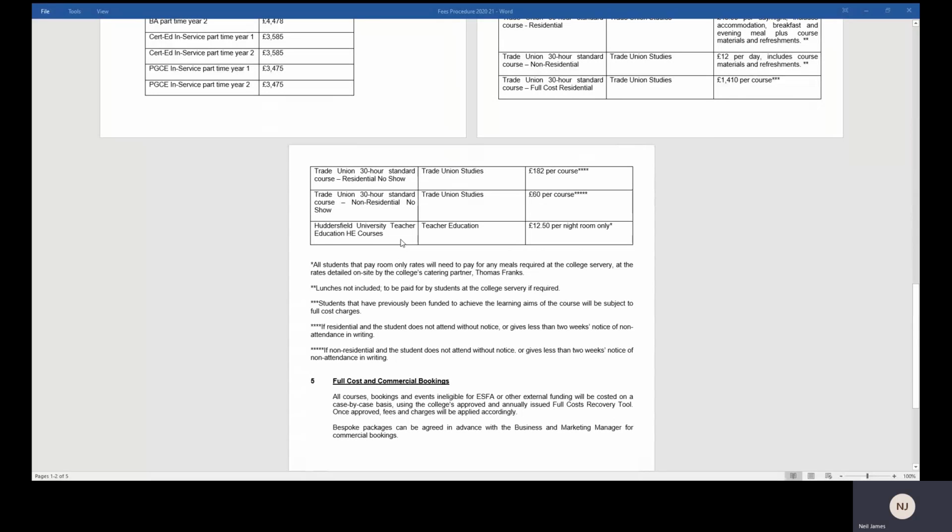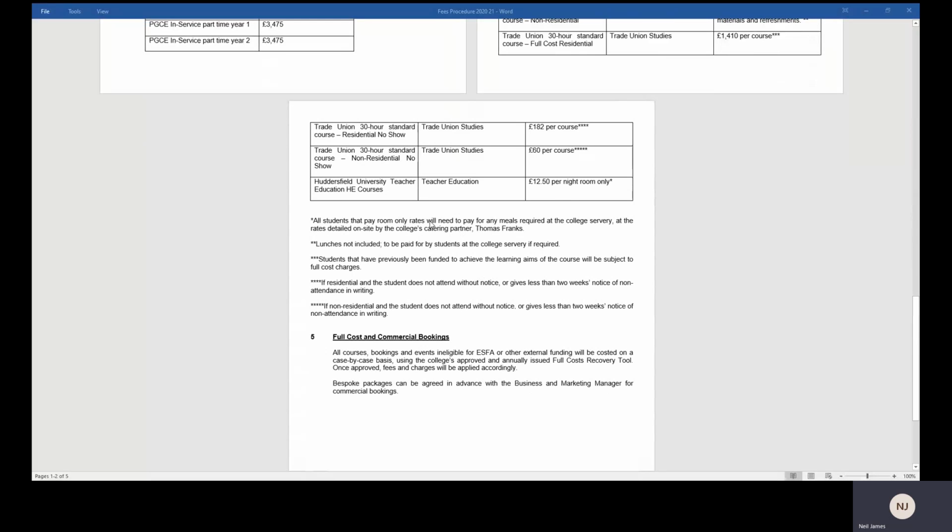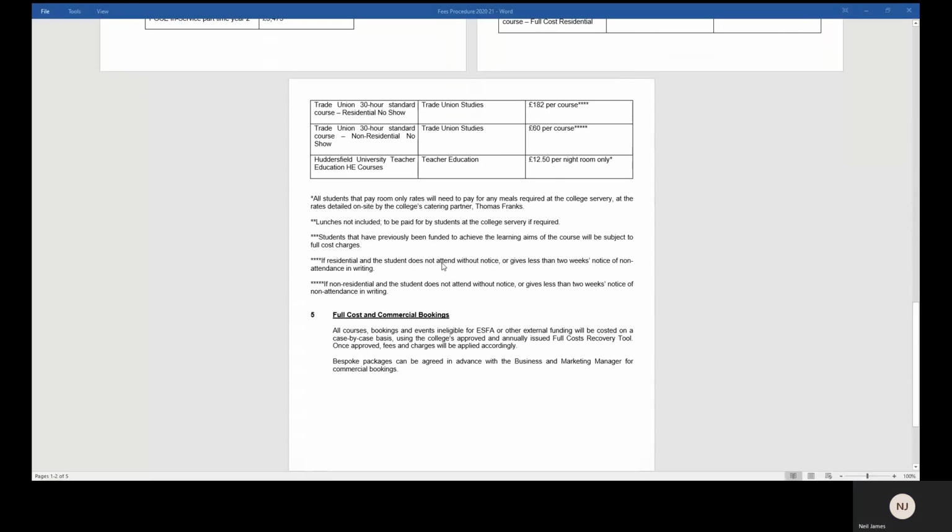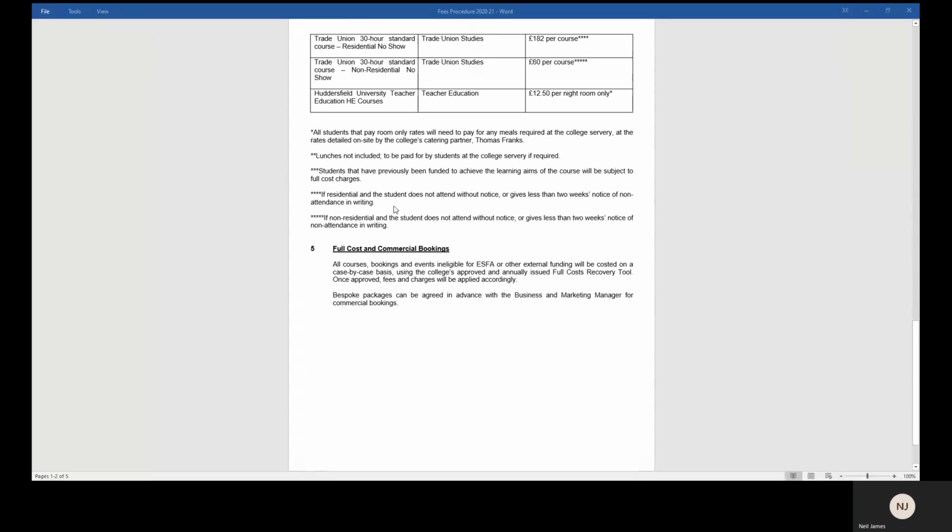If an HE student decides that they need to stay over, which does happen quite frequently, then they'd be subject to the £12.50 per night for room-only accommodation as well. And then there's just a few notes there to explain a bit more about meals and non-attendance.